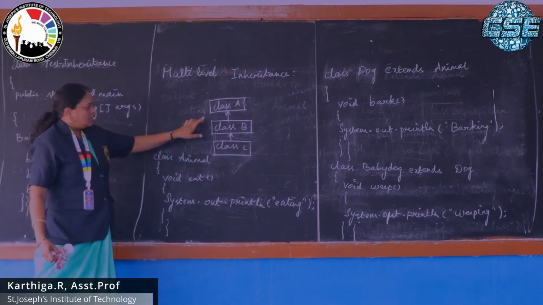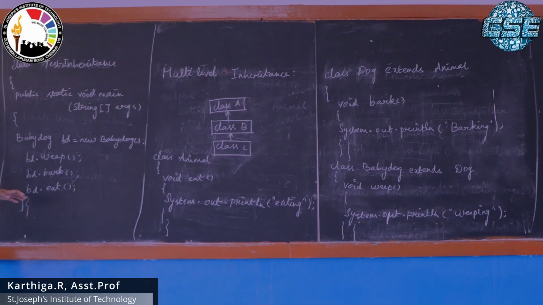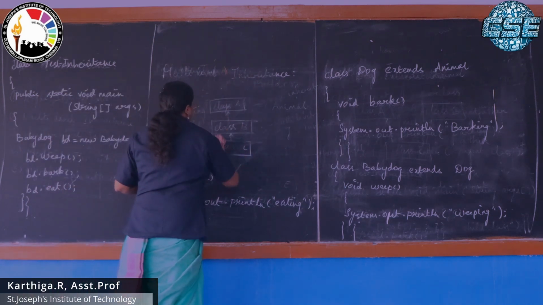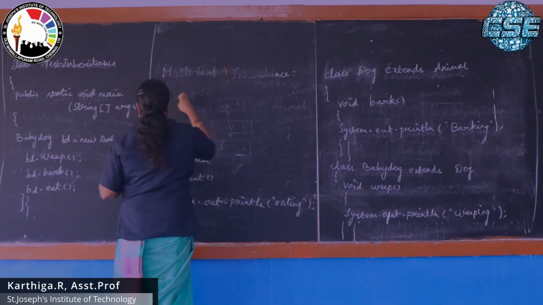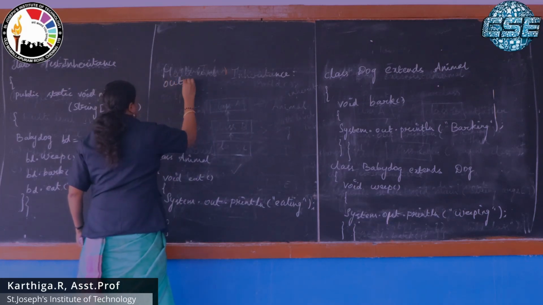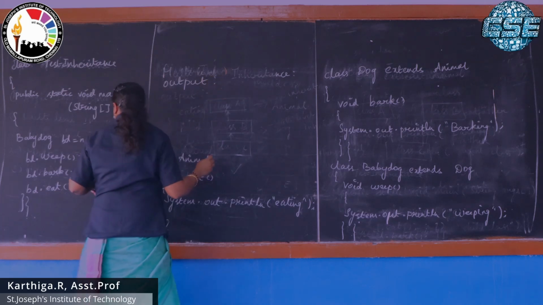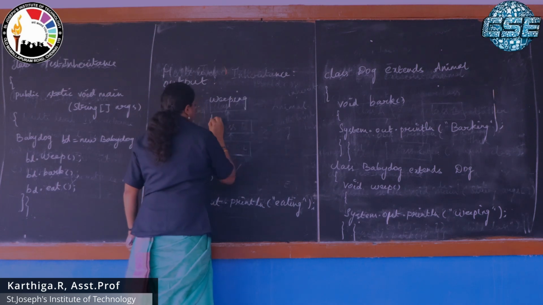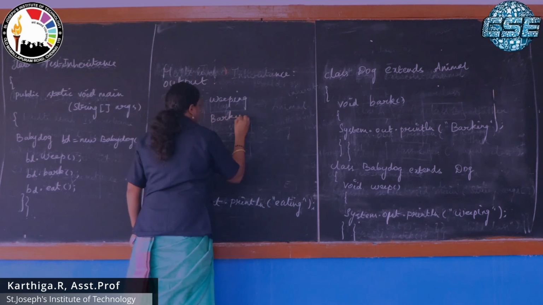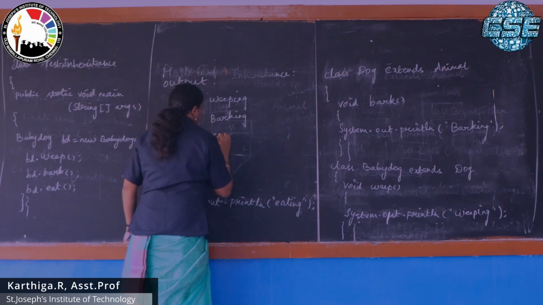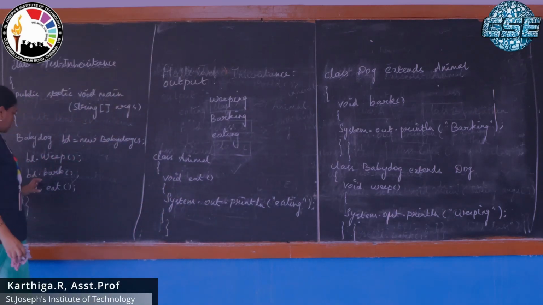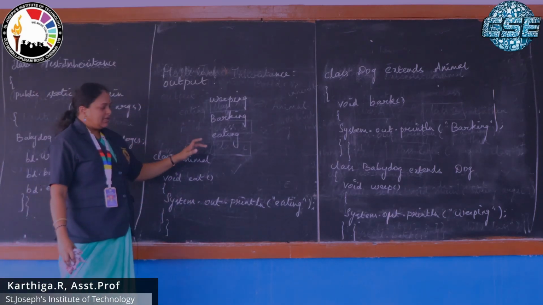So here these three levels of objects are accessed here. Then the output will be, the output for these created objects are weeping, barking, eating.